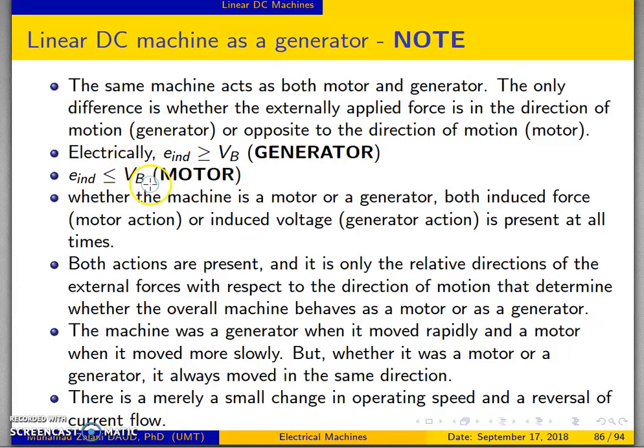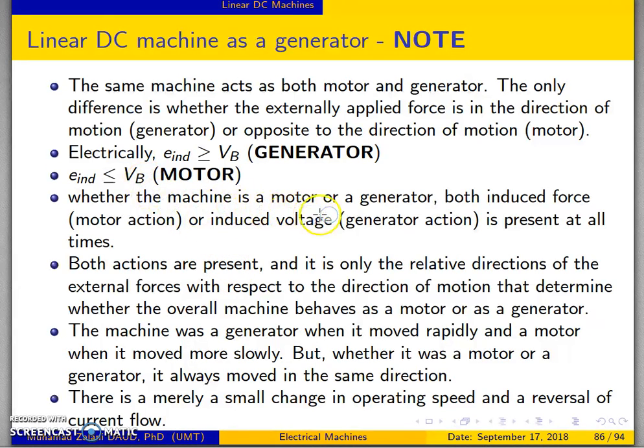Electrically, if the induced voltage is larger than the supply voltage, the machine works as a generator. If the induced voltage is smaller than the supply voltage, the machine works as a motor.